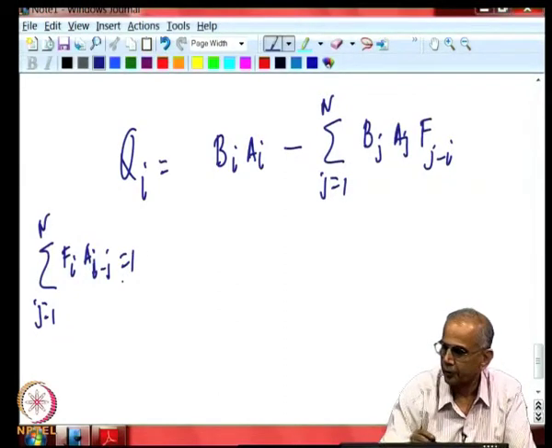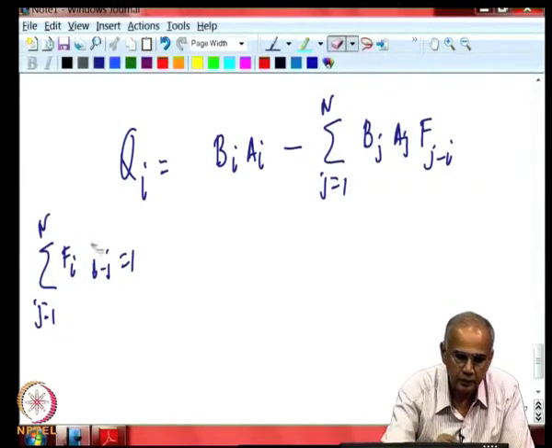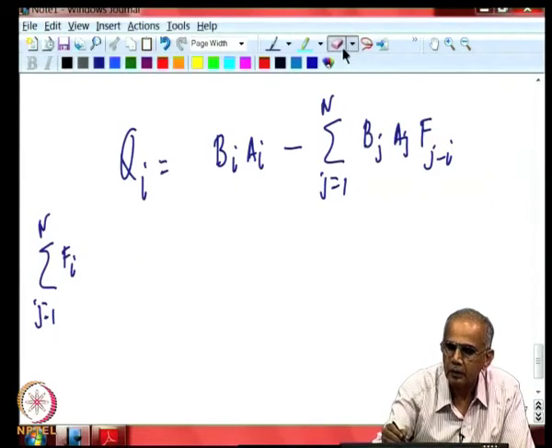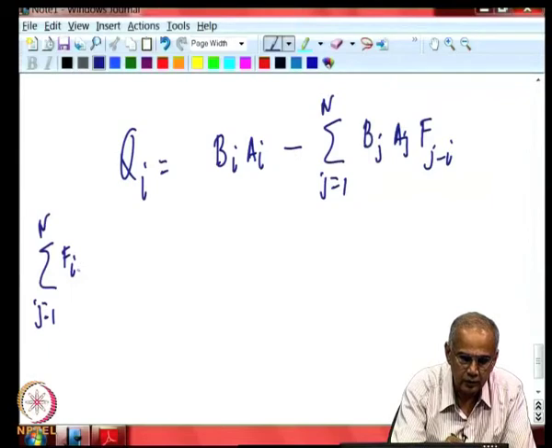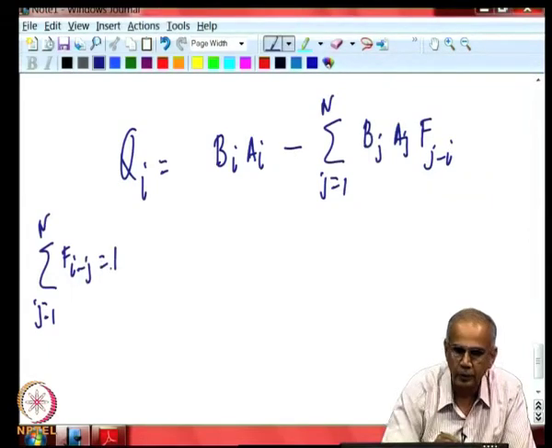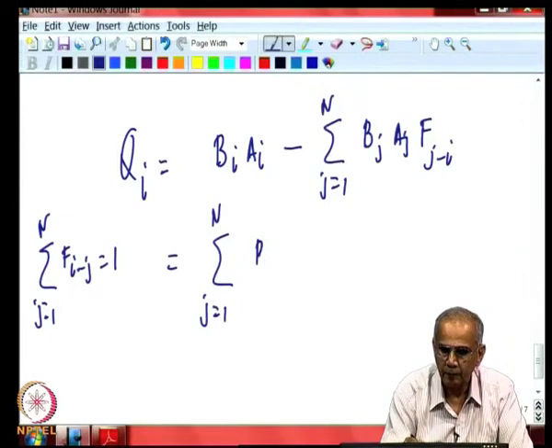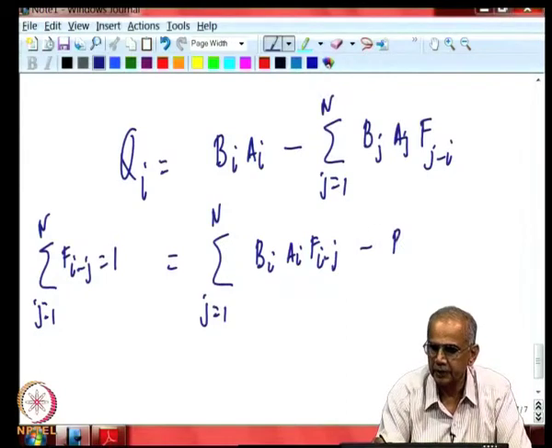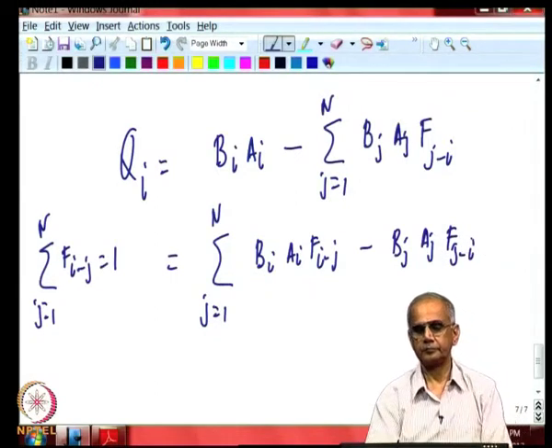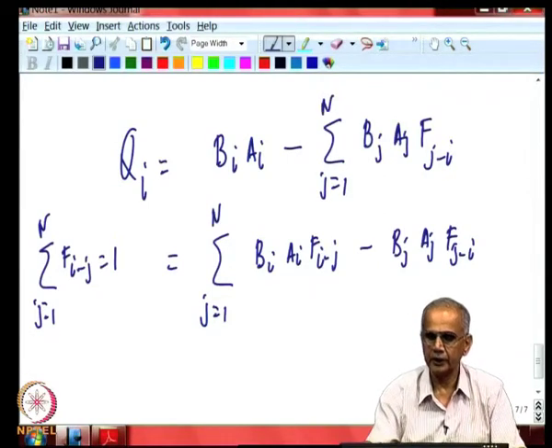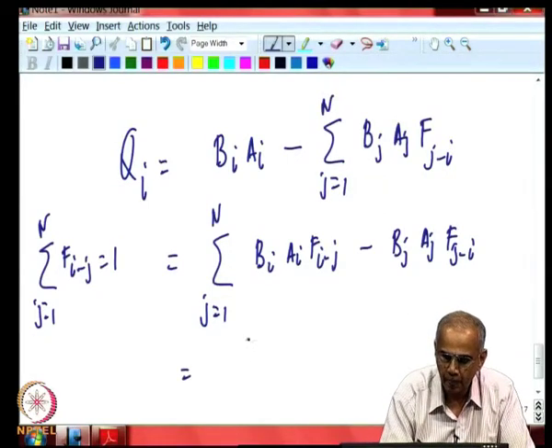So I multiply that by 1 here, and I have sigma over j equal to 1 to n of B_i A_i F_ij minus B_j A_j F_ji. And again I use reciprocity, A_i F_ij is A_j F_ji. So, I get a very clean result once more.